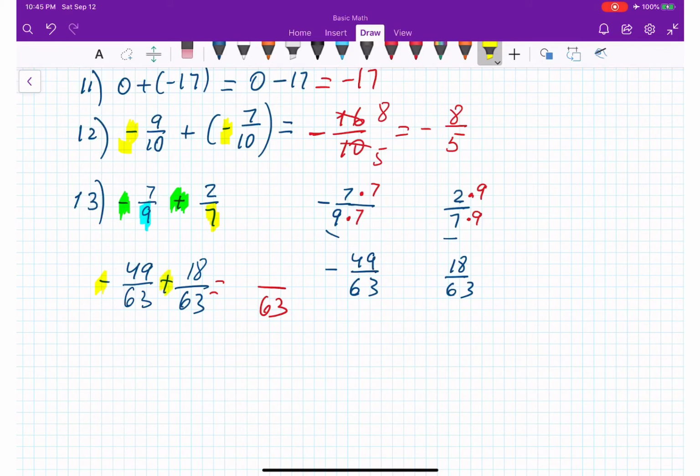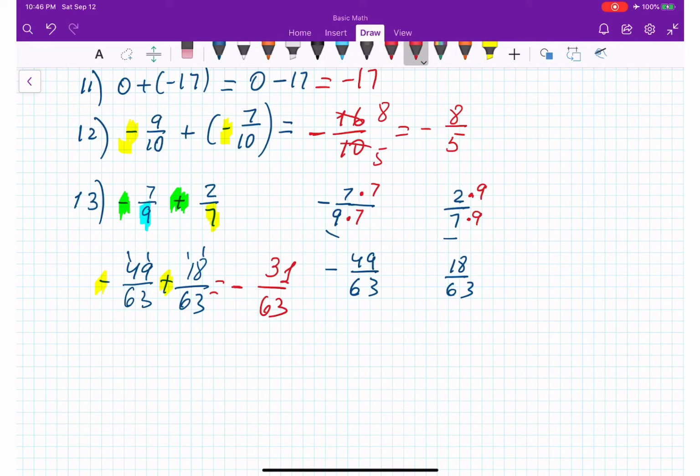So 49 minus 18, how am I subtracting? Last number of 49, 9 minus 8. Here it's going to be 1. And then 4 minus 1, it's going to be 3. And the sign is going to be obviously positive or negative.